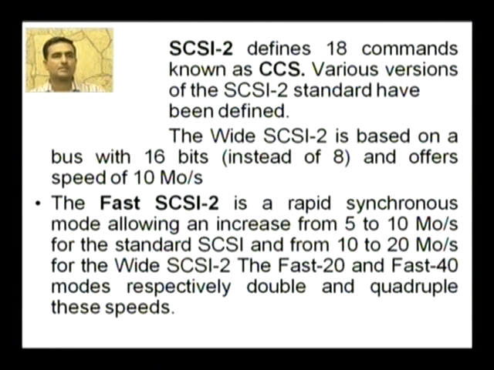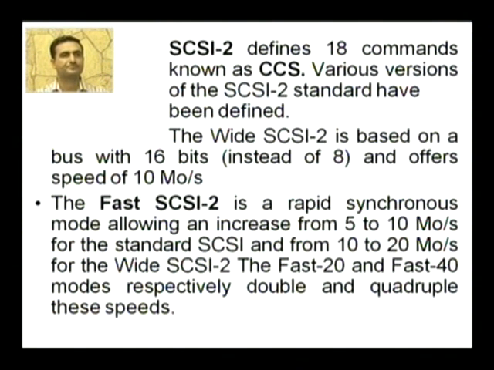Various versions of the SCSI 2 standard have been defined: wide SCSI 2 and fast SCSI 2. The wide SCSI 2 is based on a bus with 16 bits. As in SCSI 1 there was an 8-bit bus, but in SCSI 2 there are 16 bits, and it offers double the capacity of SCSI 1. There was 5 Mbps, now there is a speed of 10 Mbps.